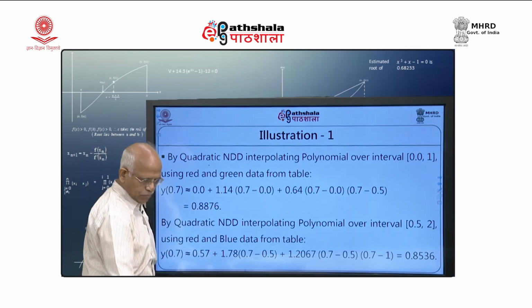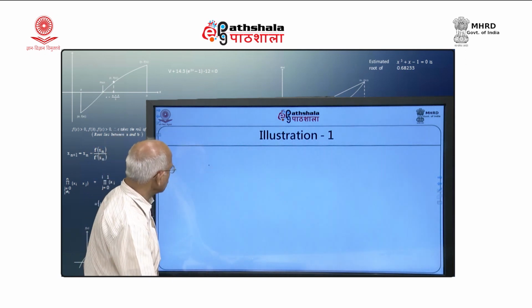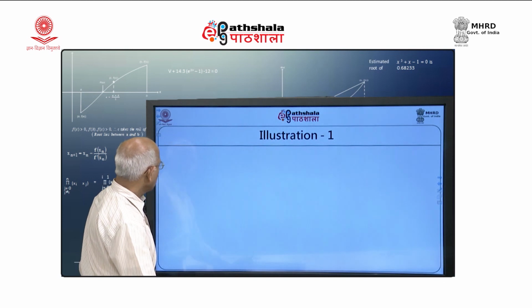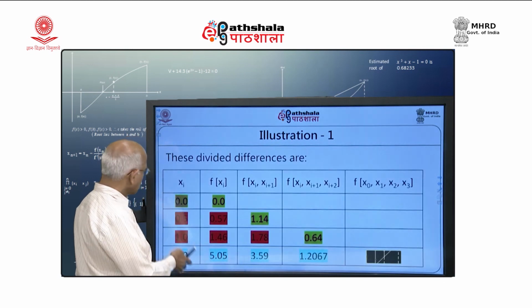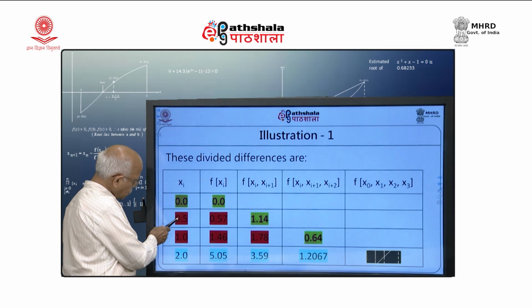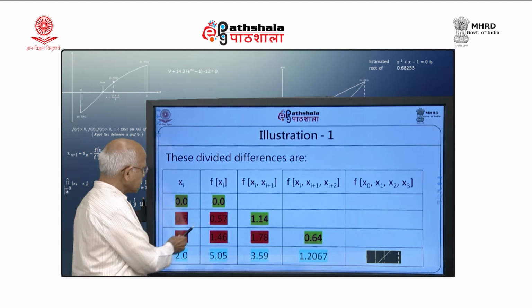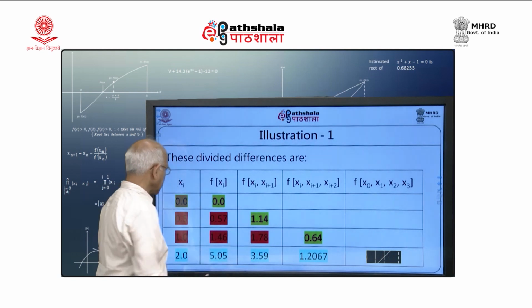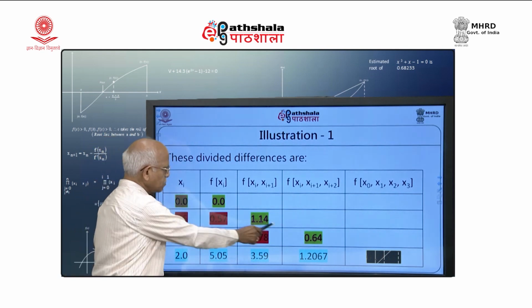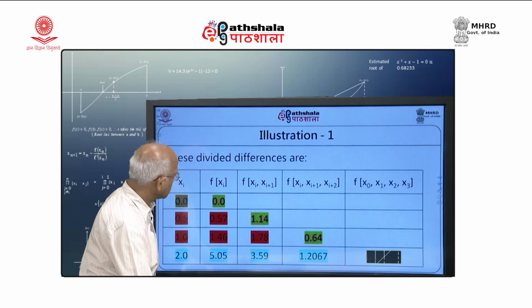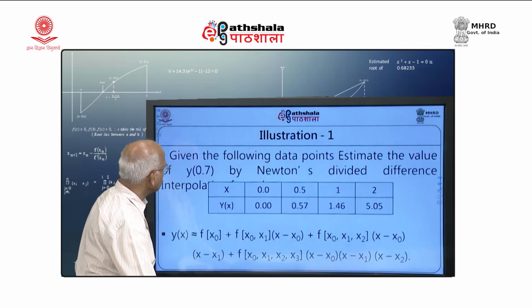So, the 3 terms I am going to use are 0, 0.5 and 1. I will be getting the differences like this that I am going to consider, so I will be using these 3 values.